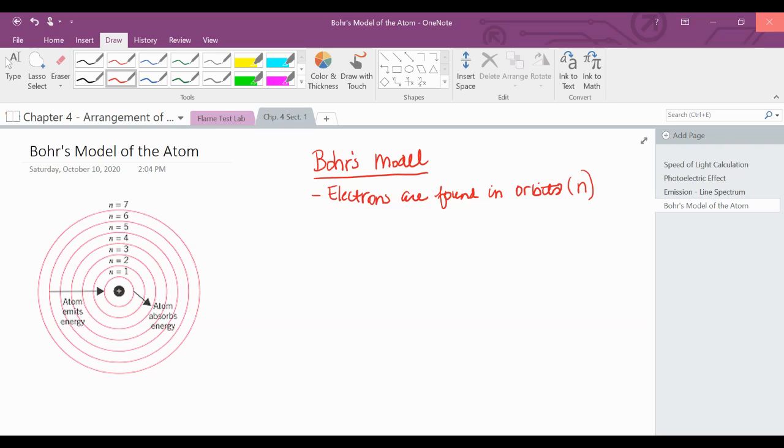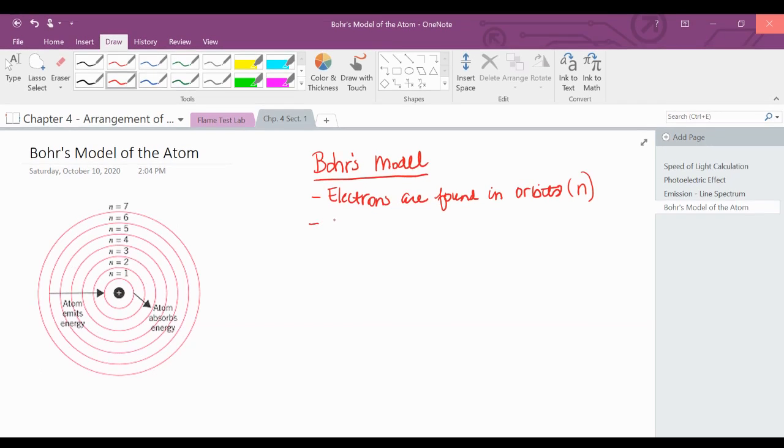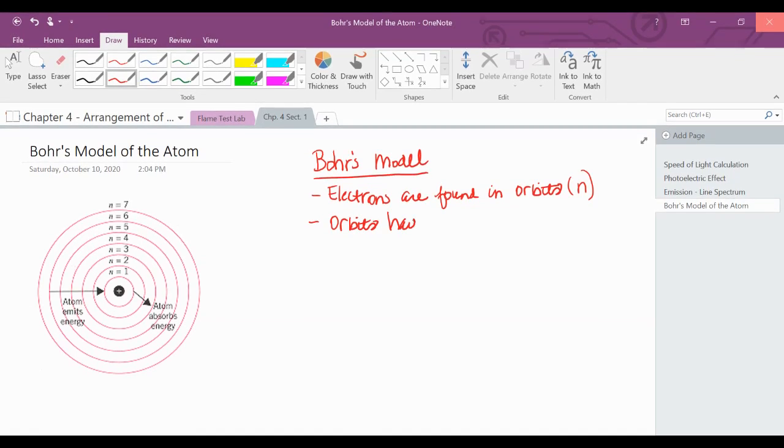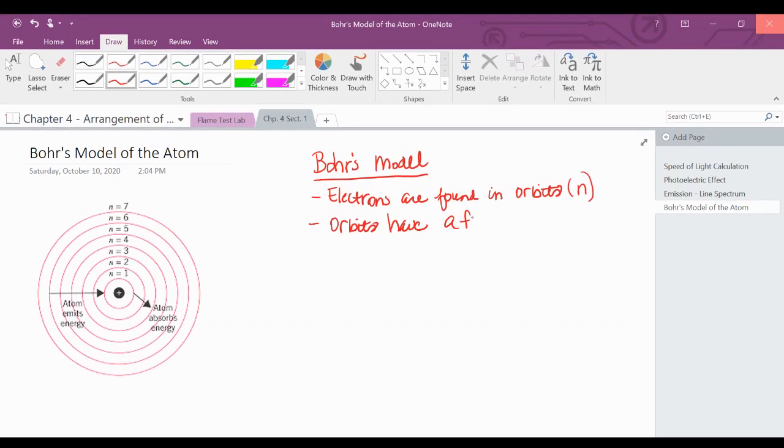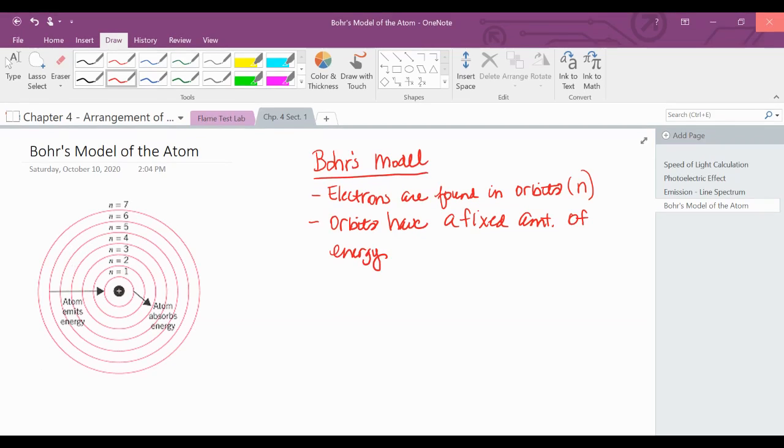The next thing he said was about the orbits themselves. He says that each orbit has a fixed amount of energy. And so the energy relationship here is that orbits that are closer to the nucleus have a lower energy.